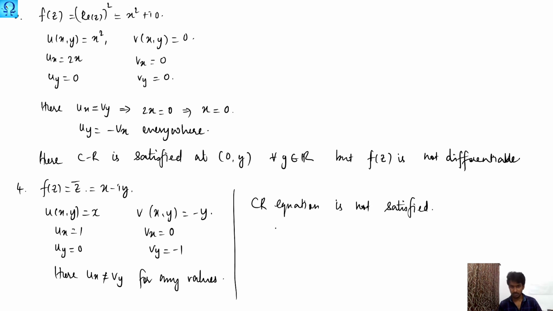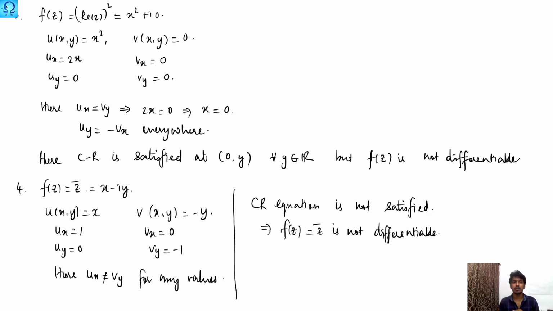So if the CR equation is not satisfied, then we may easily conclude that this function is not differentiable. These two examples have given you an idea that if the CR equation is not satisfied, then the function cannot be differentiable at all.